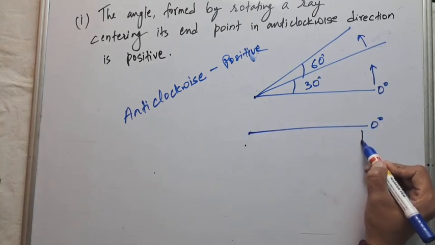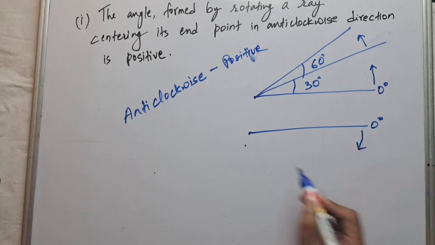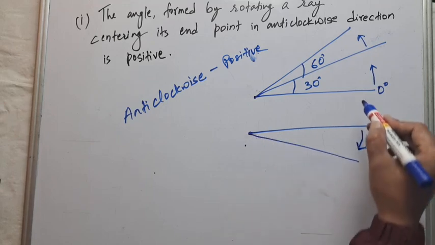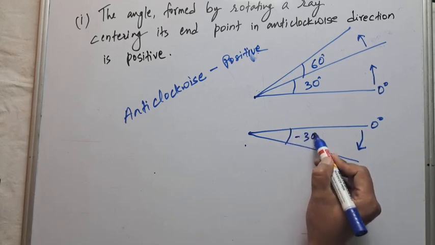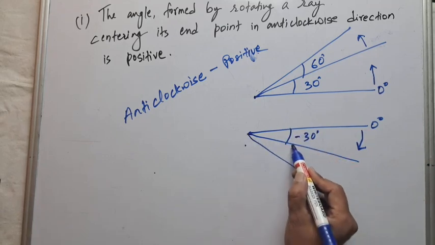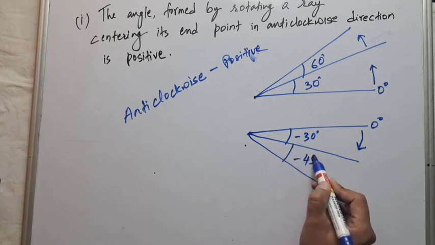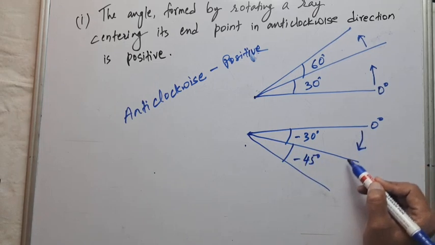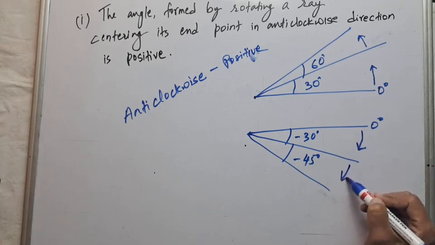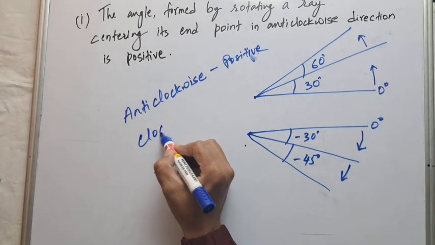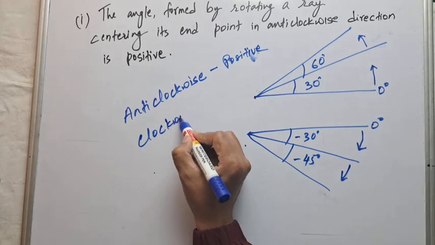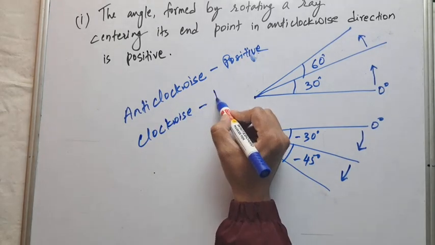If we move this ray in clockwise direction, in the direction of the clock, the angle formed will be negative, minus 30 degree, minus 45 degree, and so on. When we move a ray in clockwise direction, angle formed is negative. Clockwise, in the direction of the clock, angle formed is negative.